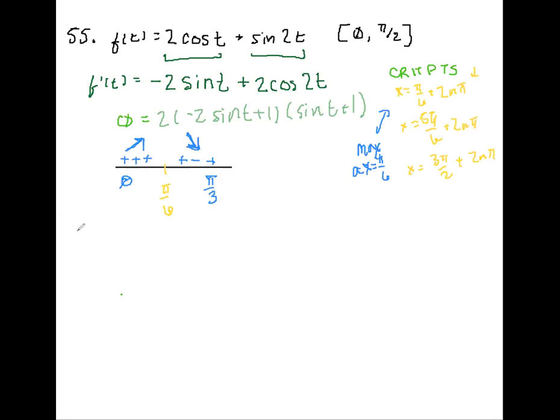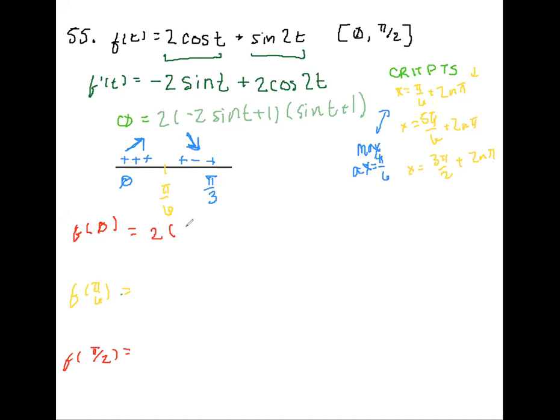So here we have f of 0 is my first endpoint. And then I'm going to find out what that is equal to. And then I'm going to have f of pi over 6. And then I am going to have f of my second endpoint. And if these were within my interval, I would also include those in here, but since they're not, I don't really care about them.